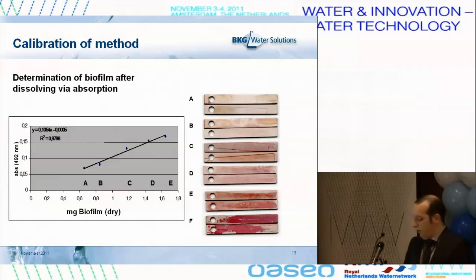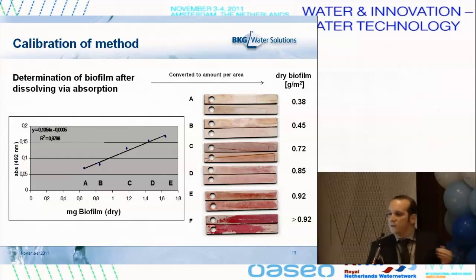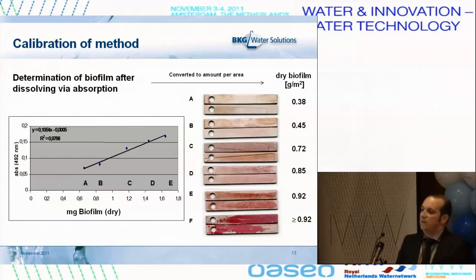By doing this, we also found out that if you convert this to the amount of area, you have a nice linear function, but even optically, you can already see by the color, intensive red color, how high is the expected biofilm.